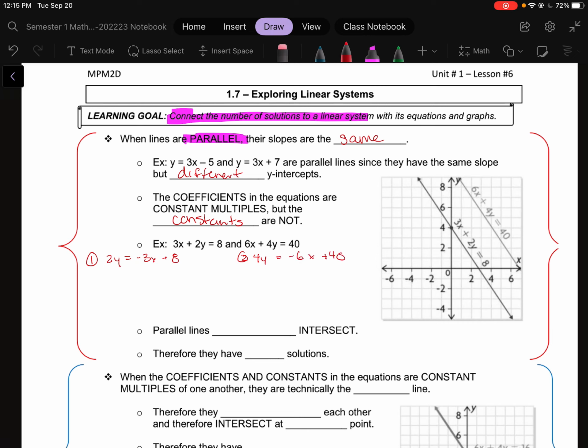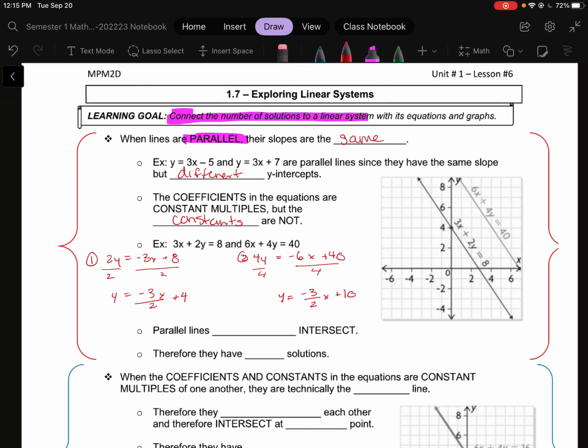Now we're going to isolate our y's, so we're going to divide by 2 and by 4. So y equals negative 3 over 2x plus 4, and on the other side, y equals negative 3 over 2x plus 10.